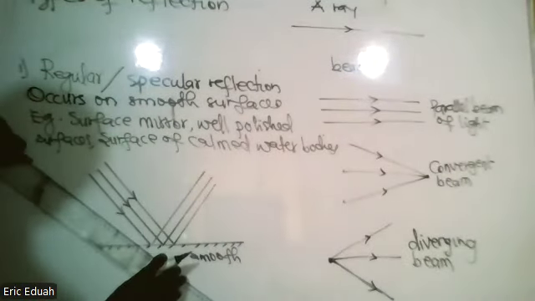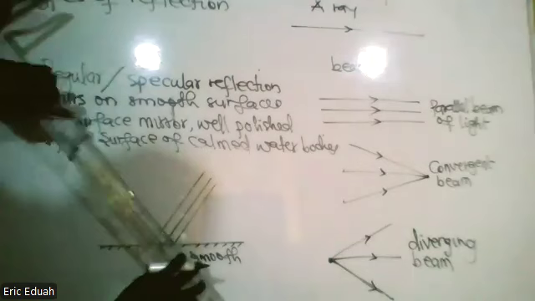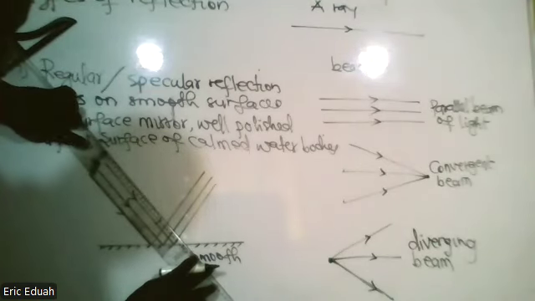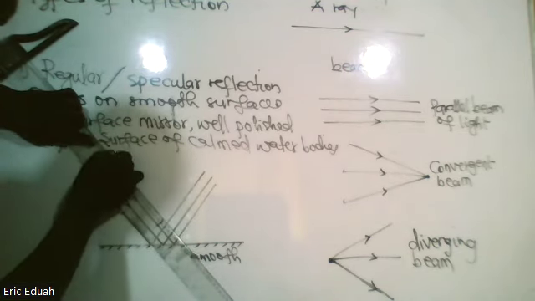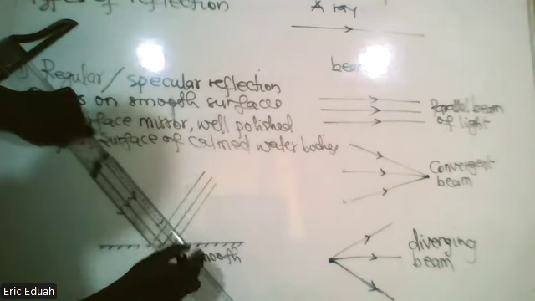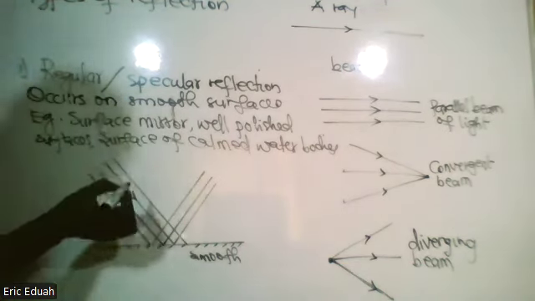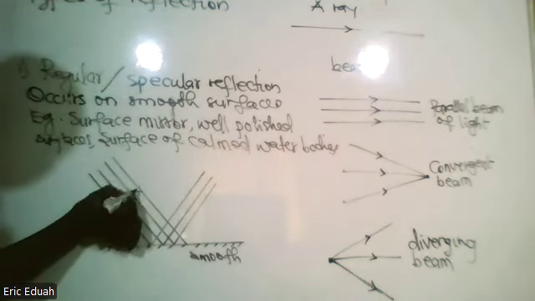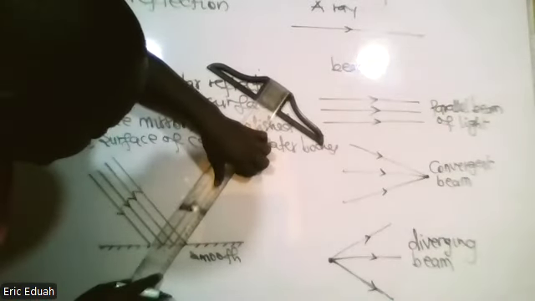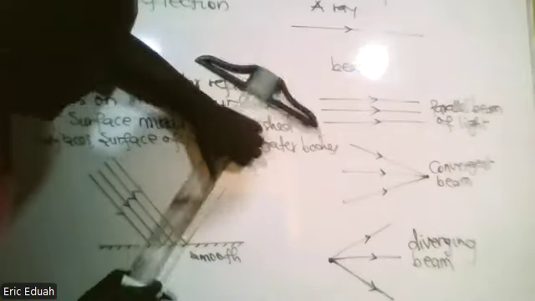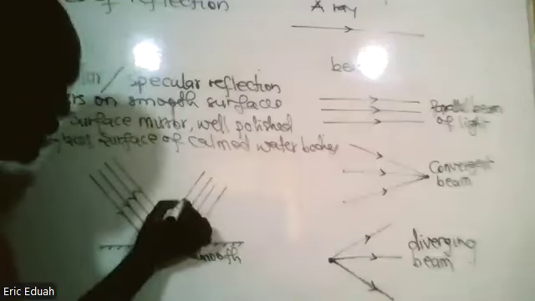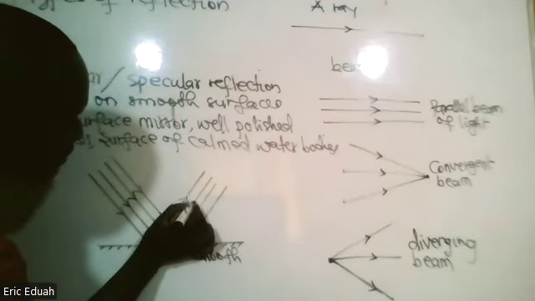If you have several of them, let's add another one. We can have several of them, please. I'm not limiting the rays to only 3. So we have 4. They are incident on the mirror in that regular manner and also reflect in that regular manner.